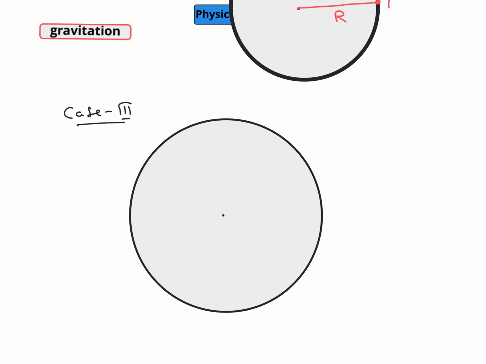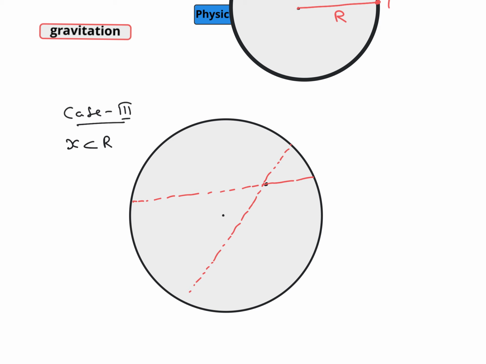Now I'll consider a point inside this sphere. So we can consider the case when the value of x is less than r. If I'm considering a point over here, we can divide this sphere into two parts, something like this and like this.